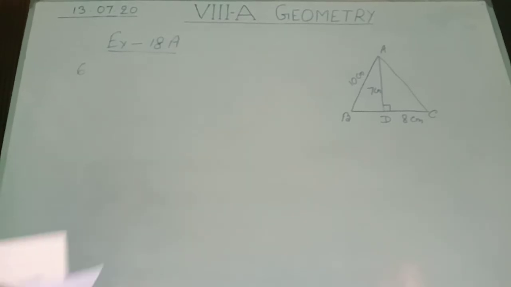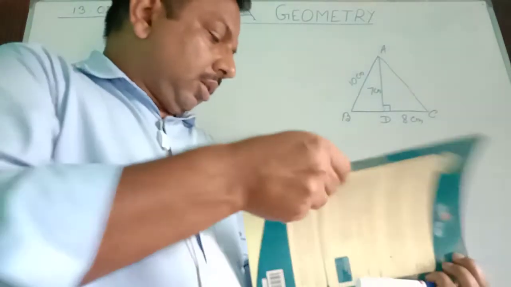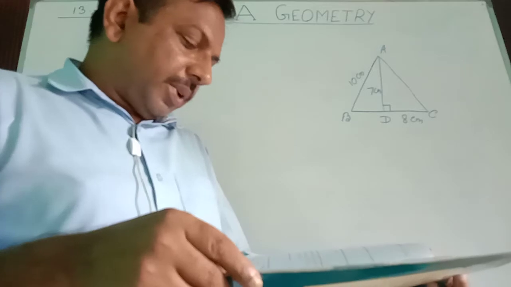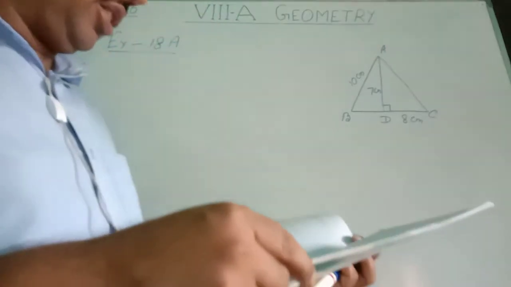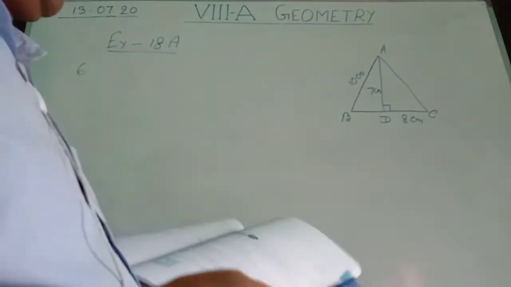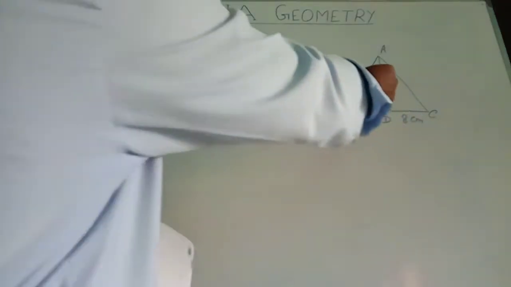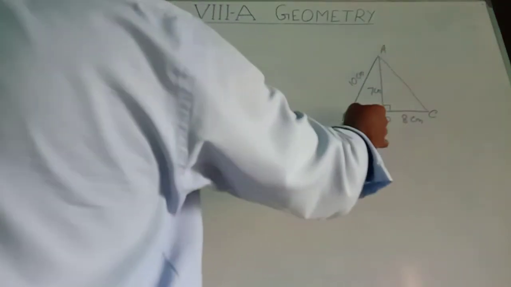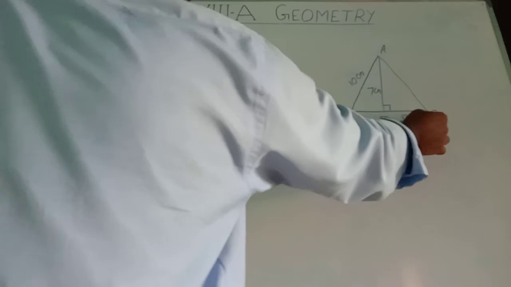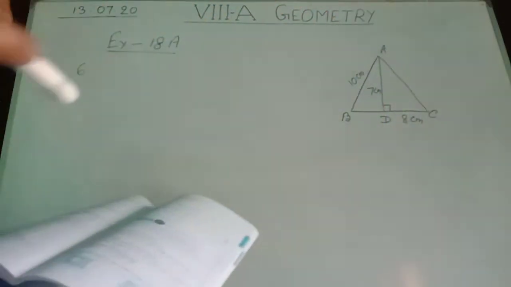In question number 6, the question is two sides of a triangle are 8 centimeter and 10 centimeter. I have drawn one triangle ABC whose sides are, this BC is 8 centimeter and AB is 10 centimeter.